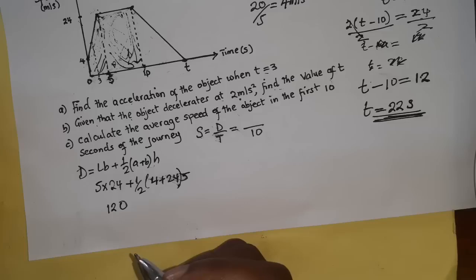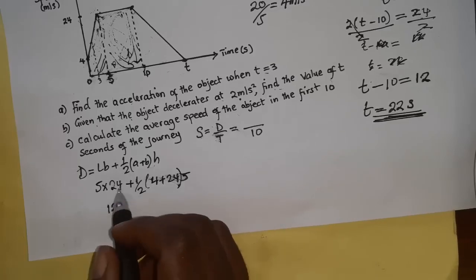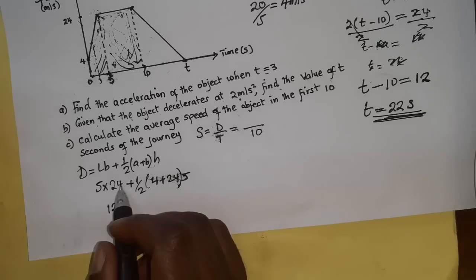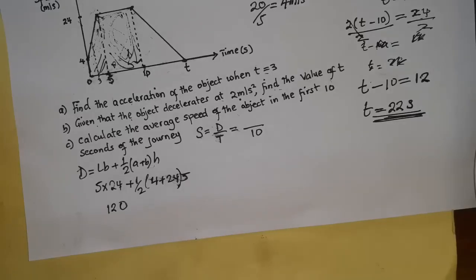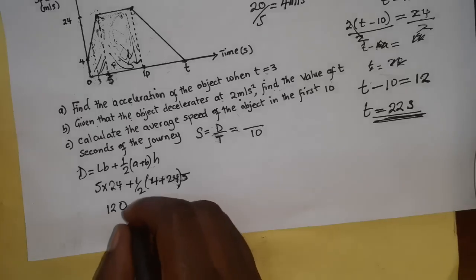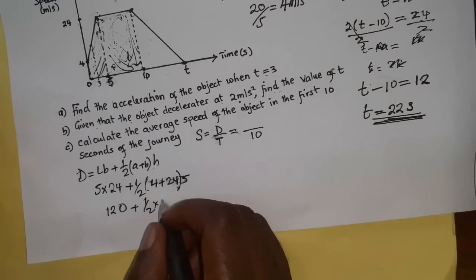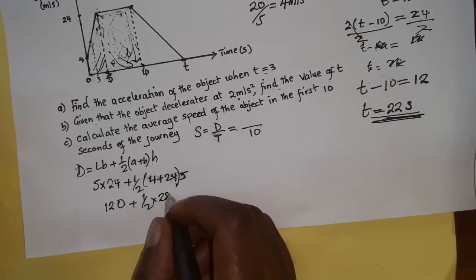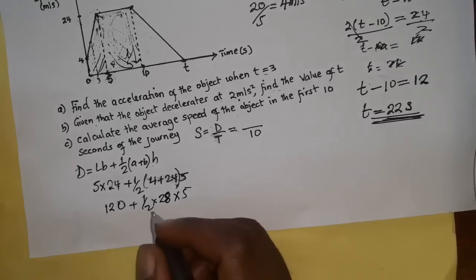Then plus 1 over 2 multiplied by 28, which you add here, multiplied by 5.